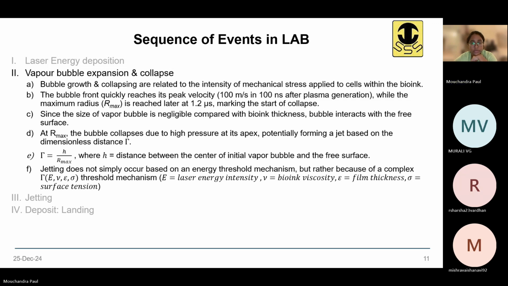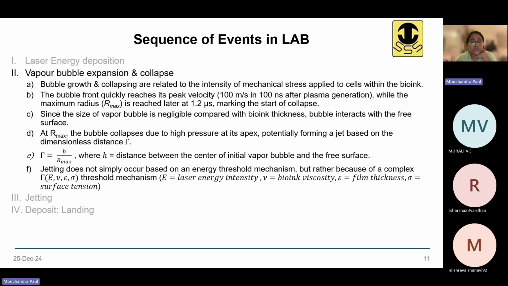Yes, ma'am. All right. So in this slide, I was talking about the second event that happens in this bioprinting technique. The first one is basically the deposition of the laser on the ribbon, as a result of which the layer between the bioink and the support, that is the interlayer, absorbs the laser energy, and it gets evaporated and forms a vapor bubble.